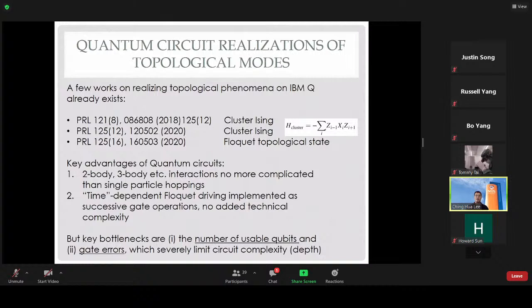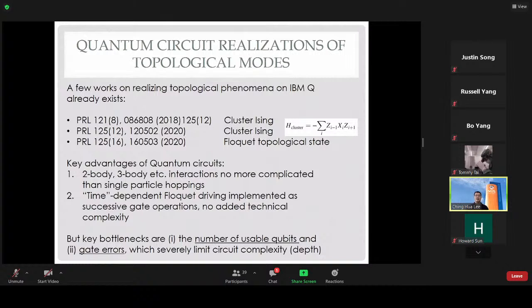So I would say that for topological phenomena, the IBM quantum computing platform is still at its infancy stage. The reason is that at this point in time, or at least until the very recent past, there isn't really that much that can be done yet.